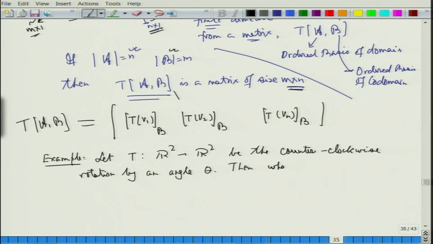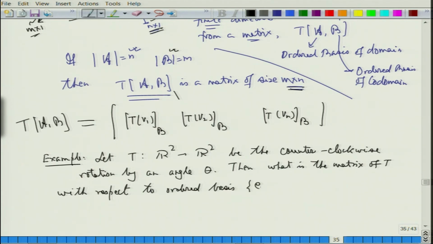Then what is the matrix of T with respect to ordered basis E1, E2 of R2? All right.